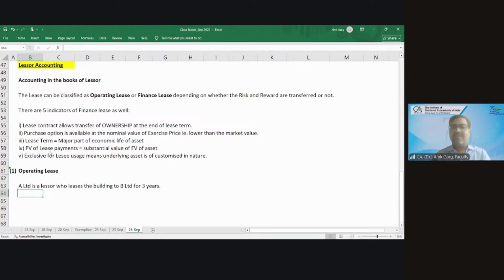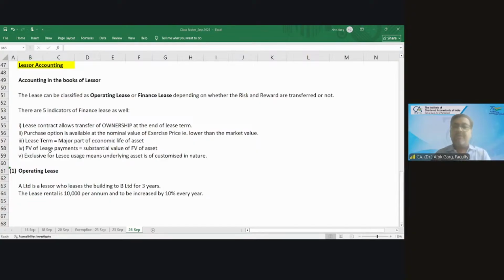The lease rental is 10,000 rupees per annum, to be increased by 10% every year.